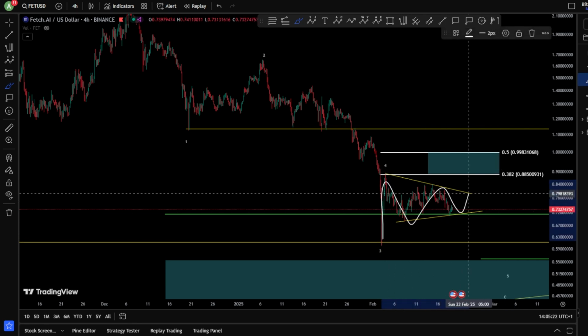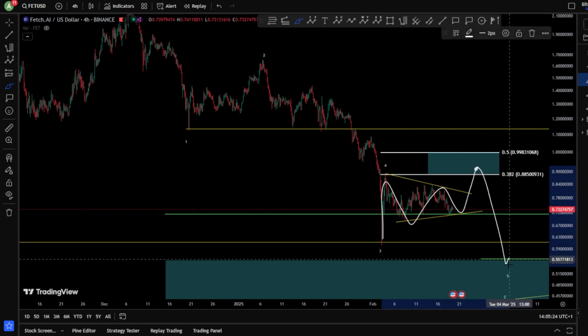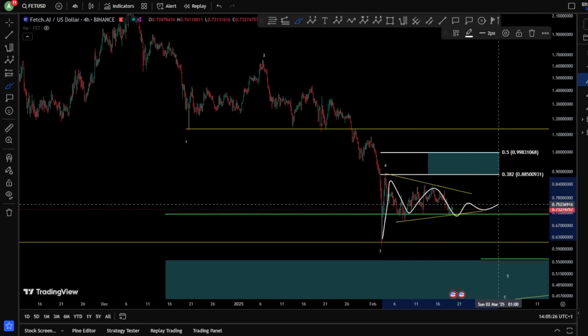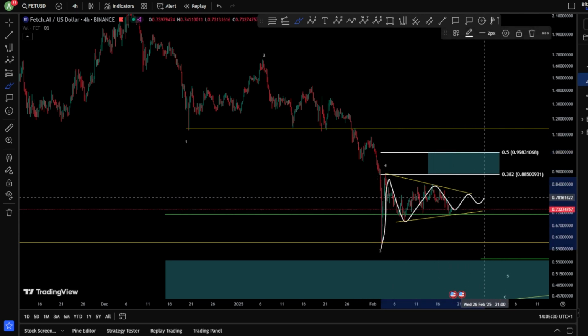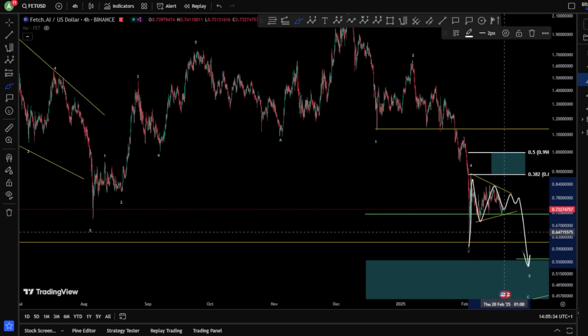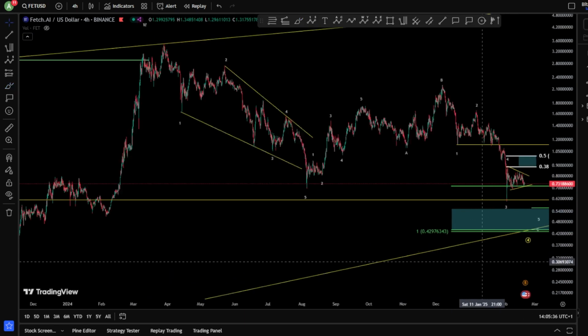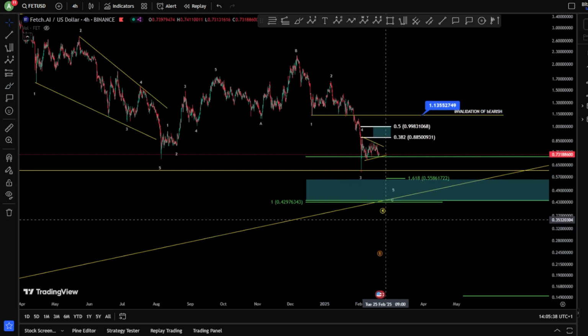Now, your wave 4 can be an ABC like this and then moving down. It can be a sideways, or it can be a zigzag, but much more probable here is a sideways triangle and moving for one more leg toward the downside to finish this scenario.